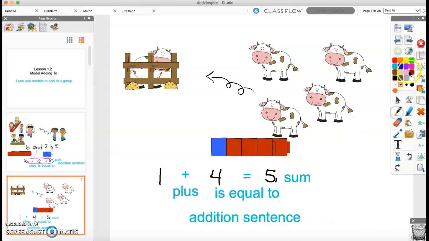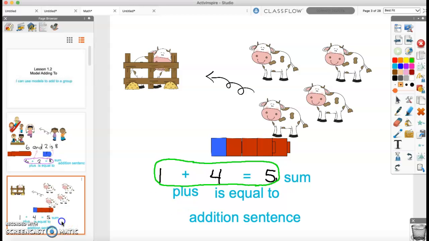And once again, I'm going to circle, this time in green, our addition sentence. So 1 plus 4 is equal to 5 is my addition sentence. We also call it a number sentence.